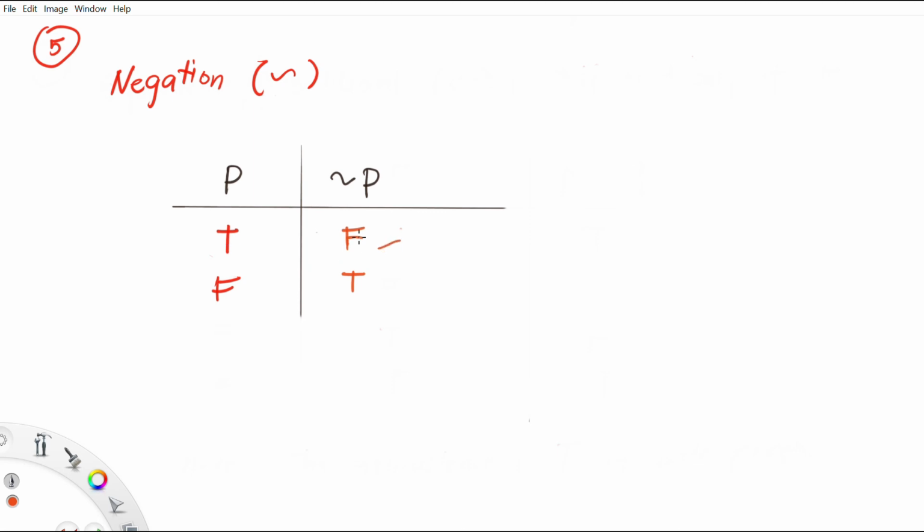Then false became true with this sign. Simply the opposite or reversing the truth value of a given proposition. If a proposition is true, its negation is false. If a proposition is false, its negation is true.